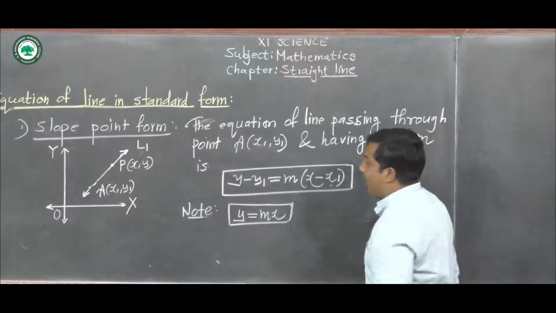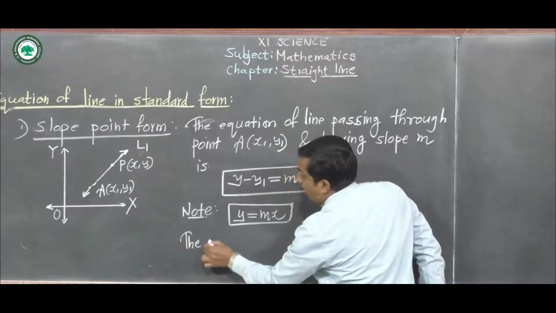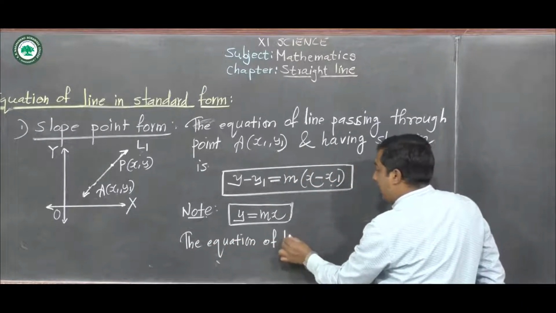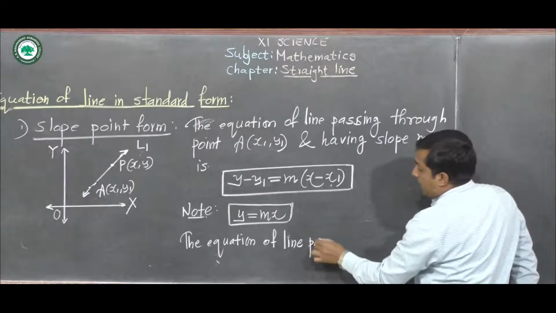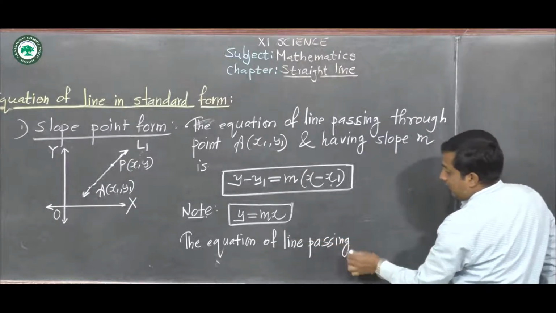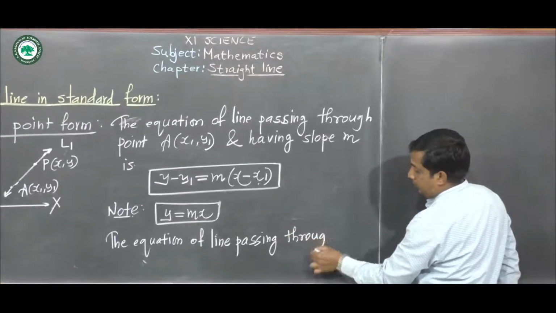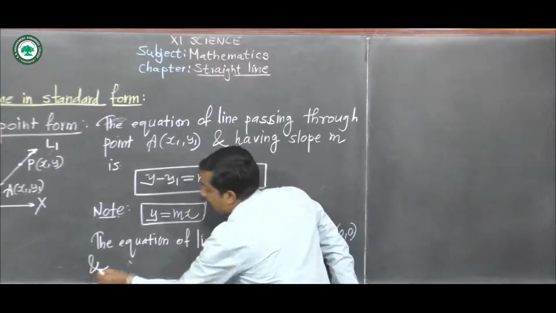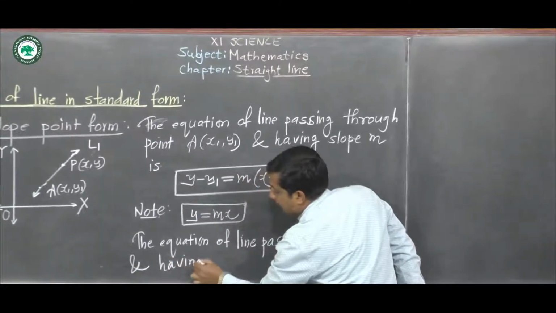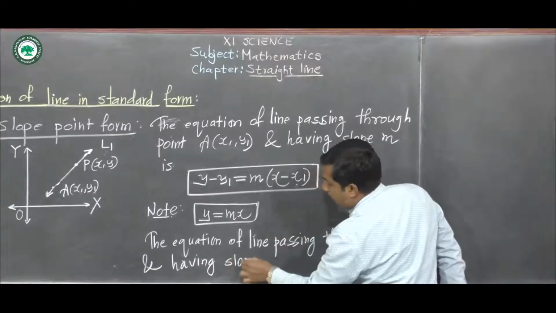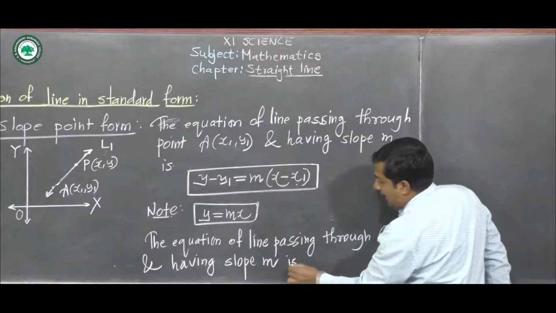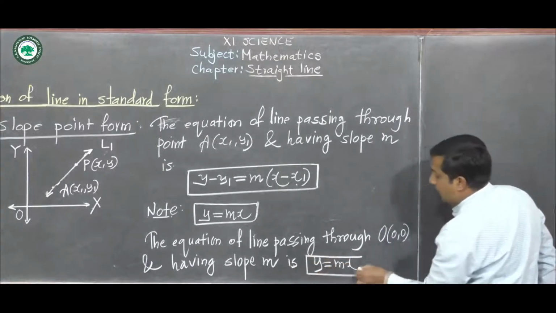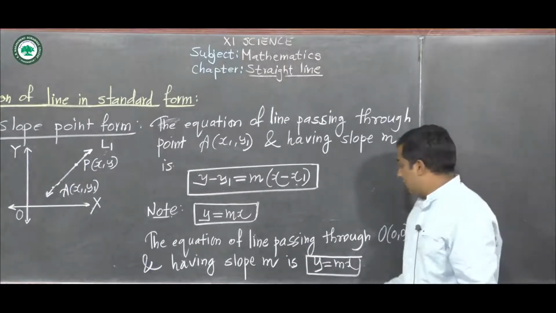So I write, the equation of line passing through origin O 0, 0 and having slope m is y is equal to mx. So remember this point also.